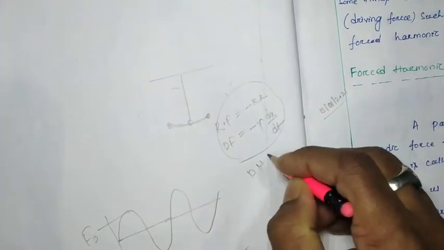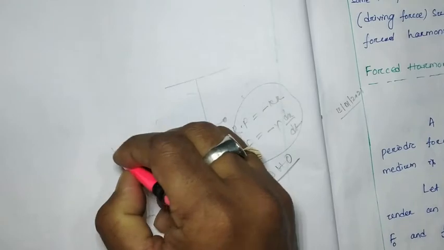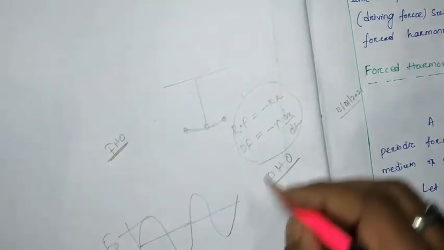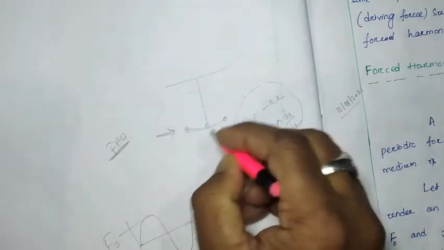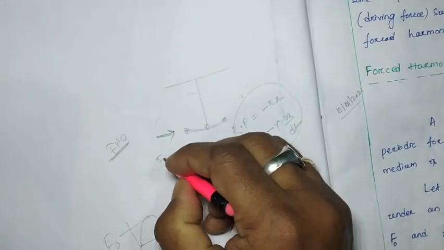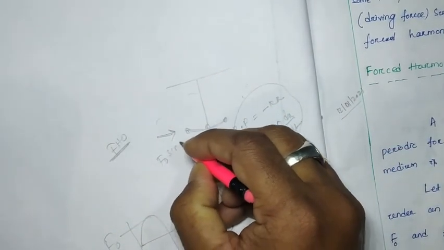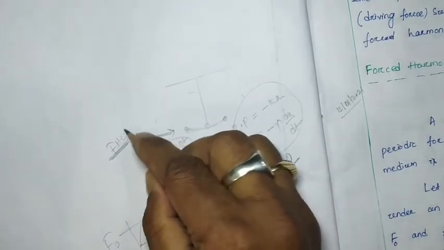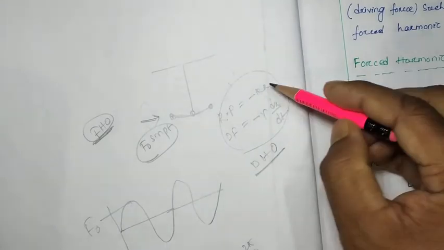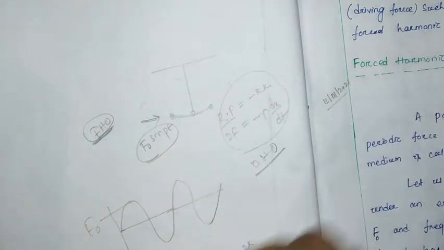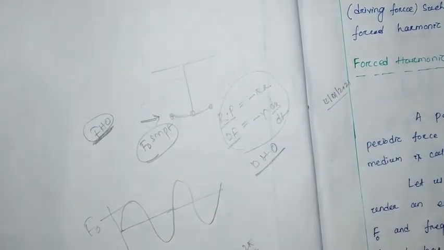That is for damped harmonic oscillation. But in forced harmonic oscillation, another force is applied externally on this oscillator, represented by F0 sin pt. So three forces come into the picture: the restoring force, the damping force, and the external force.